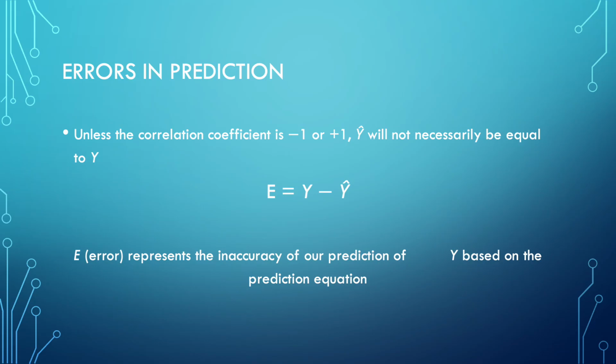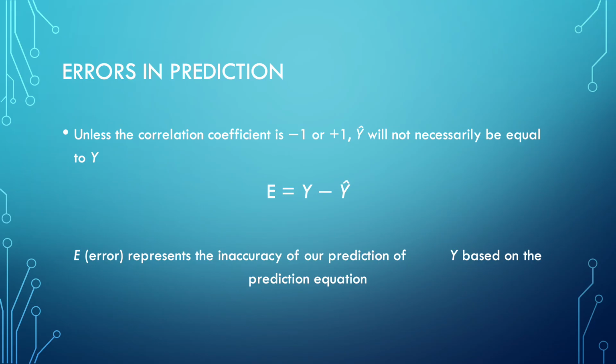Just like with our correlation data previously, we can get errors in our prediction. Remember, with our correlation coefficients, a perfect correlation was either a positive one or a negative one. Unless that correlation coefficient is exactly -1 or +1, there's going to be some sort of error or variability. That next symbol, y with the little triangle on top, is known as y hat.